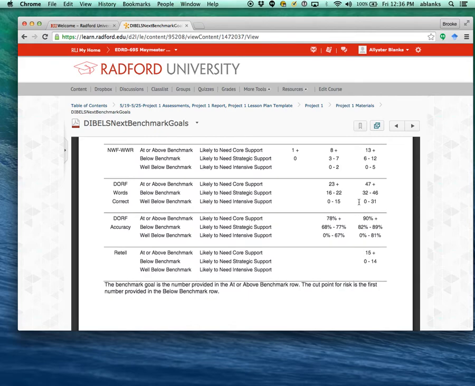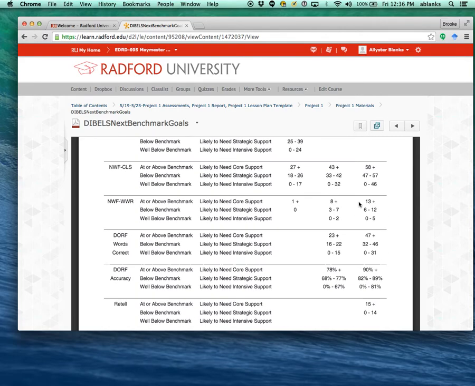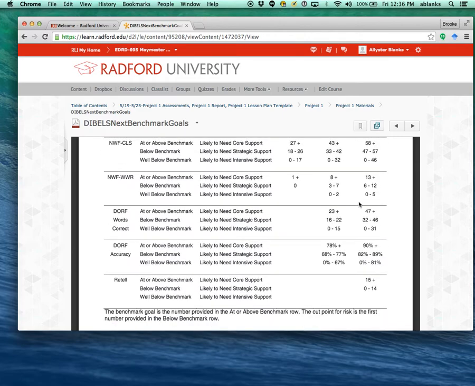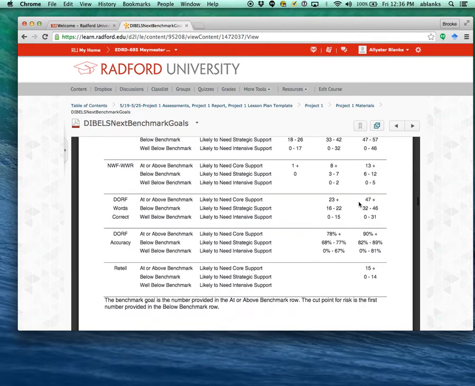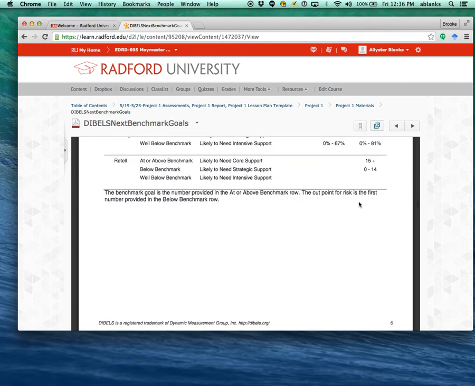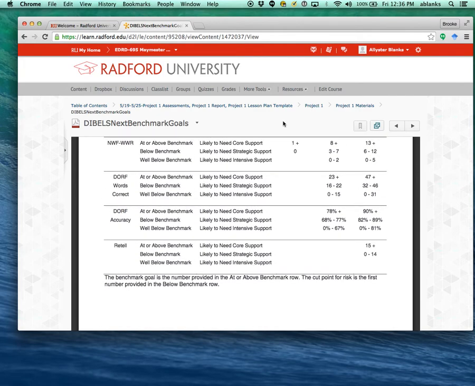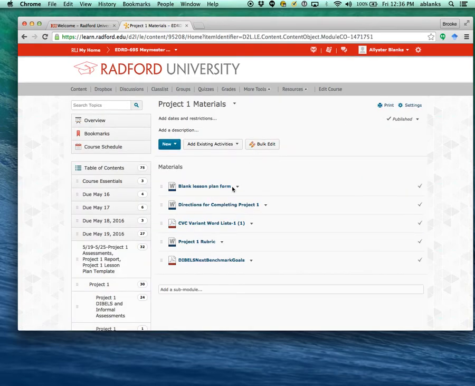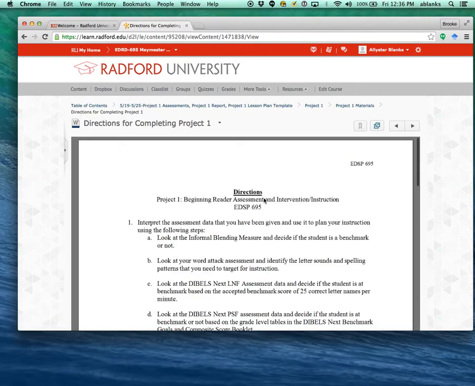So we know that the scores that we see have really high predictive validity. And the other two measures don't because they're informal, but they're really helpful in terms of planning your instruction. So this is the DIBELS Next benchmark sheet that gets referenced when you come over here to your directions for completing Project 1.